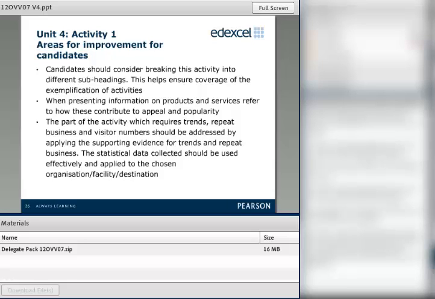They can also use the numbers to look at popularity in terms of customer satisfaction and reputation, because obviously if the numbers are going up, then the reputation should be going up with it, because obviously they're selling it to other people. I have seen candidates go on TripAdvisor and talk about the comments that are put up there.